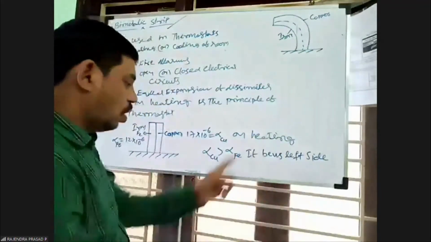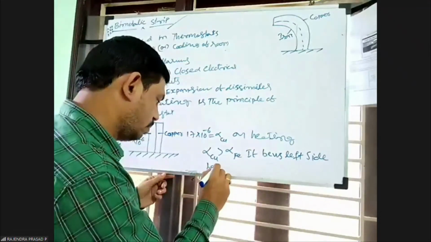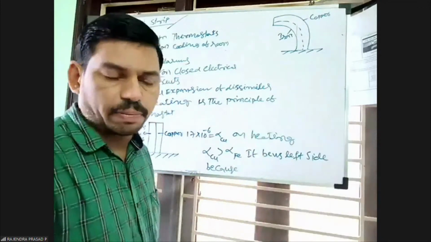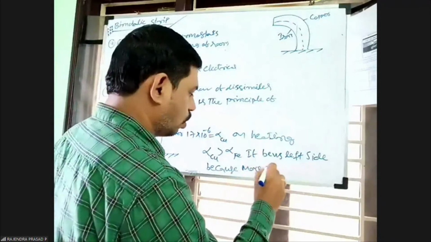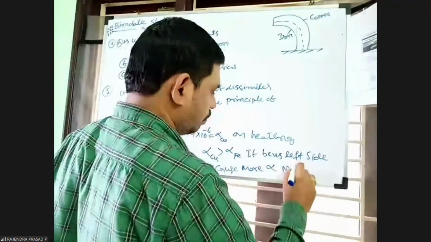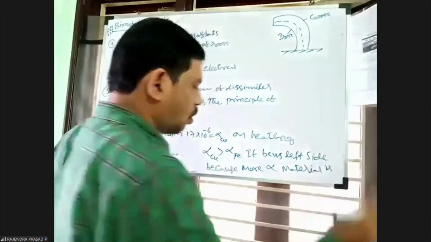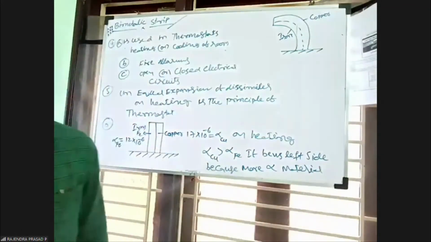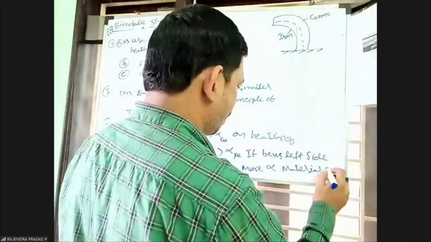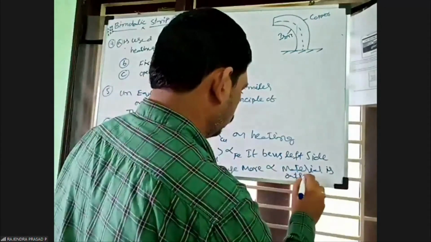On heating, alpha copper is greater than alpha iron, so it bends to the left side, because the material with more expansion is on the outside. So this is the diagram.